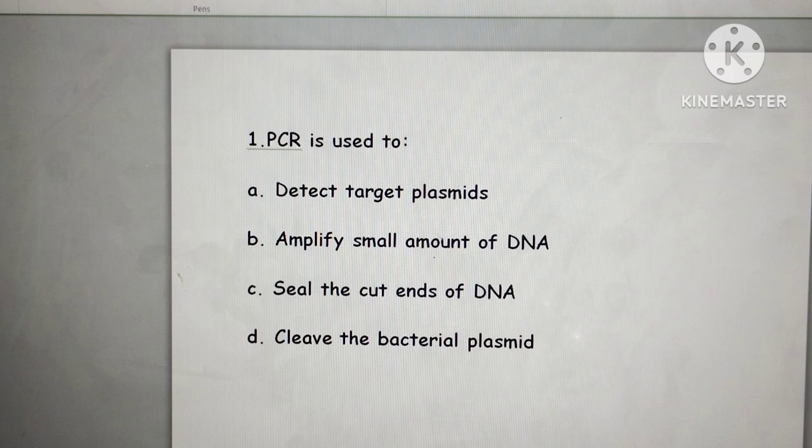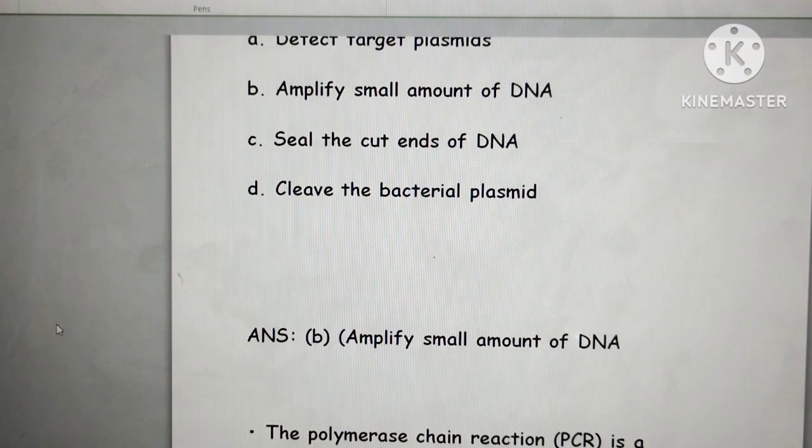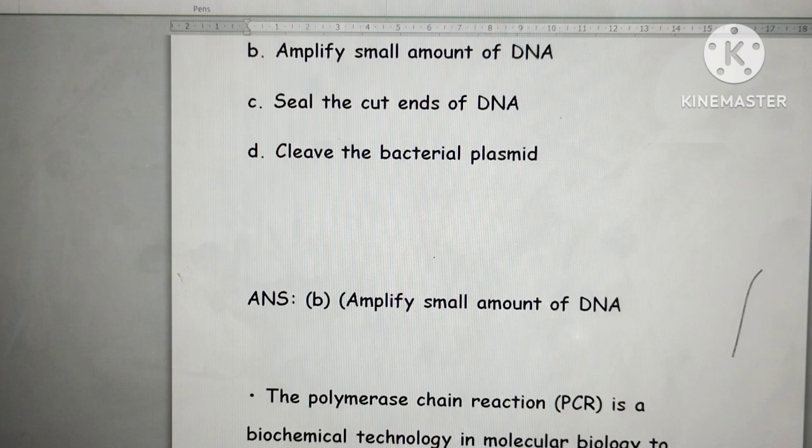So always remember, PCR is nothing but the polymerase chain reaction, and it was discovered by Hazen and Carl Mullis. Regarding the options, the correct answer is amplify the small amount of DNA.